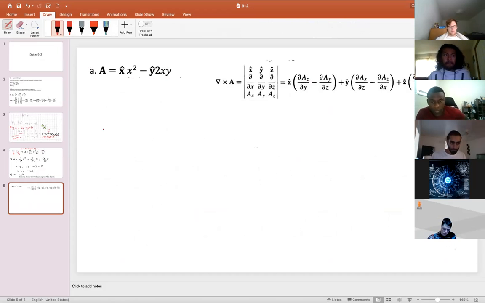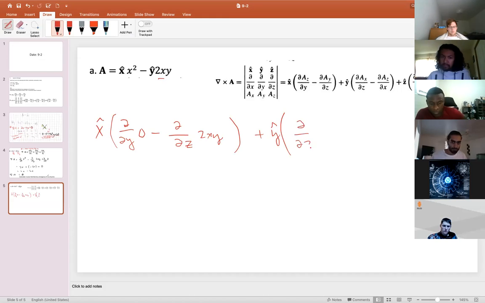Okay, so our result in the x direction, we have 0, so dy of 0 minus ddz of 2xy, ddz of x squared.